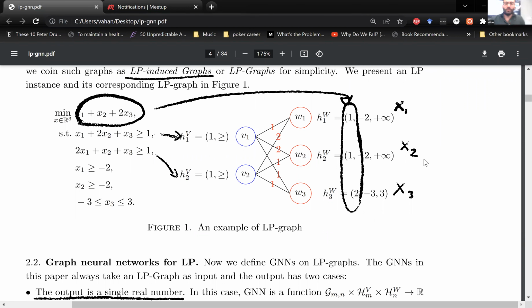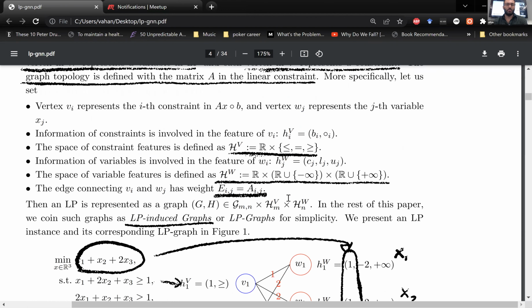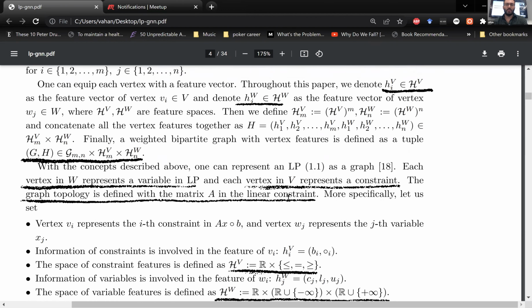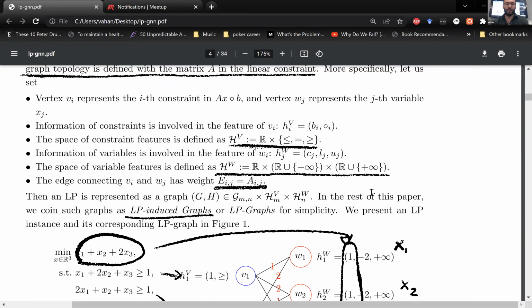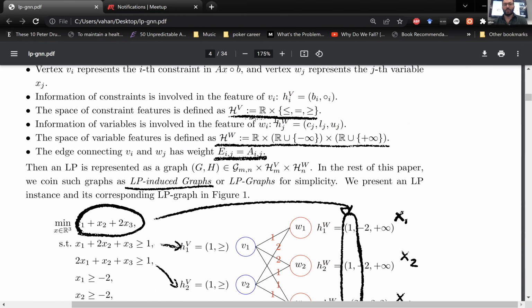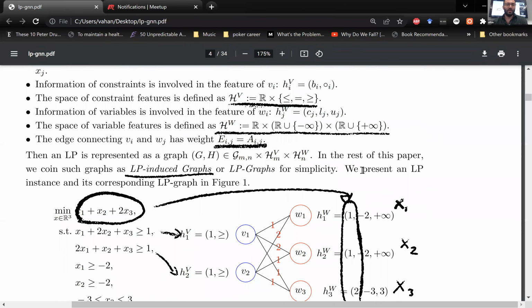Obviously, we are going to convert these into numerical features because you can't do ML on these signs. Any comments? Okay, should be fine. There is a lot of notation here, but I'll try to keep it simple and explain. It took me a while to actually go through all the notation.